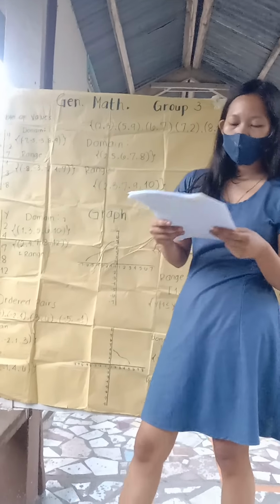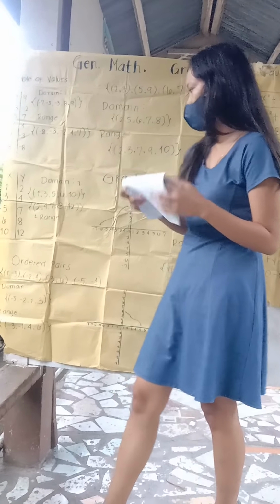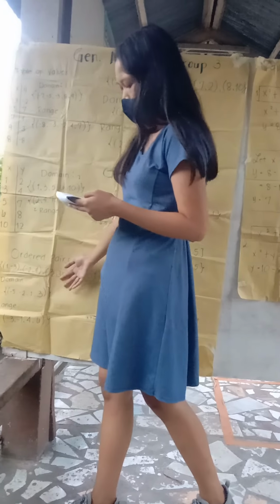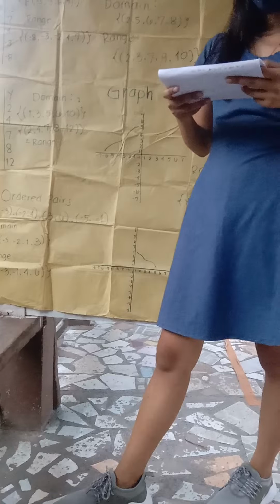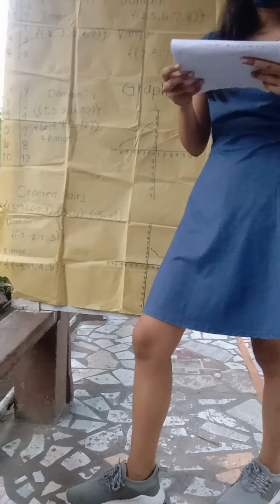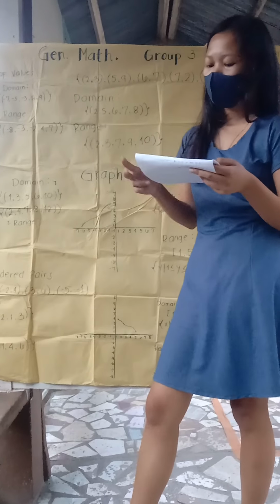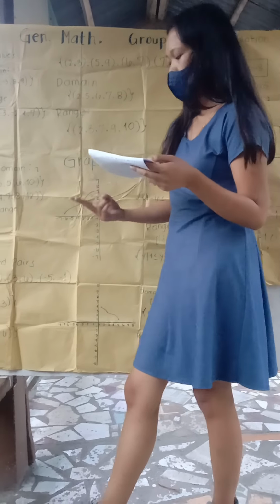The second example of our domain and range is ordered pairs. Do you have any idea what an ordered pair is? Ordered pairs represent the function of the domain and range. They will always consist of two numbers that are paired to one another.